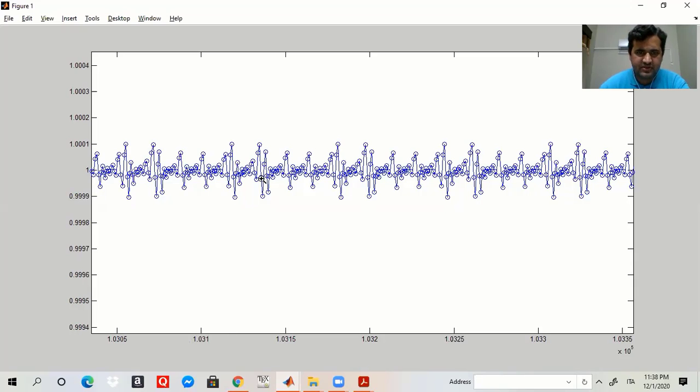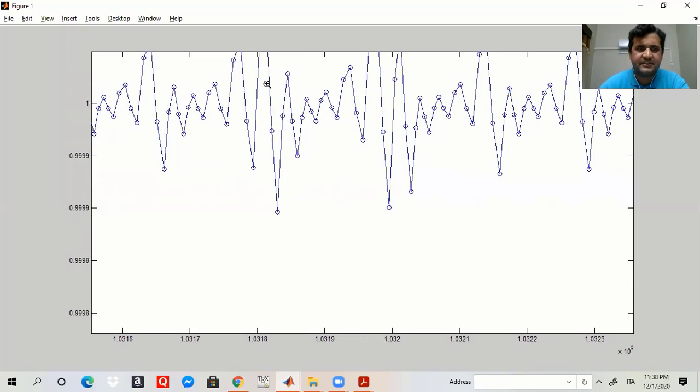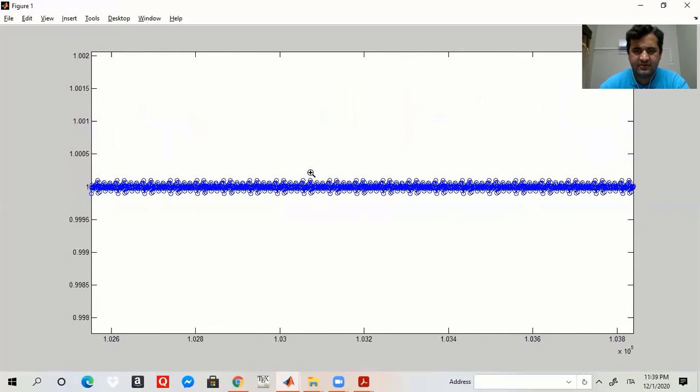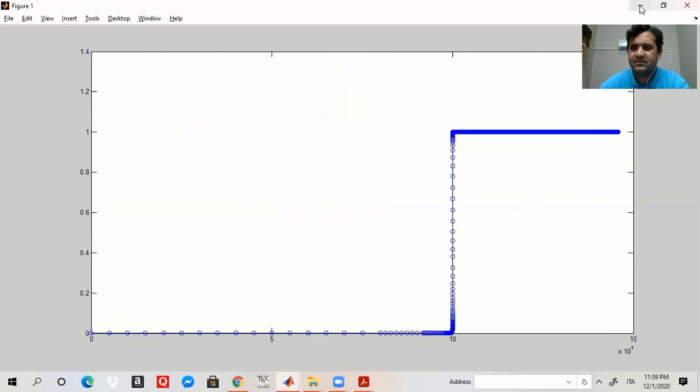The solutions are basically packed, and if you zoom in more, you will see that in the neighborhood you have entirely different behavior of the solution. Over here it can increase, maybe sometimes it can decrease. So you have this kind of strange behavior for the solution, and this is basically the stiffness in your problem.